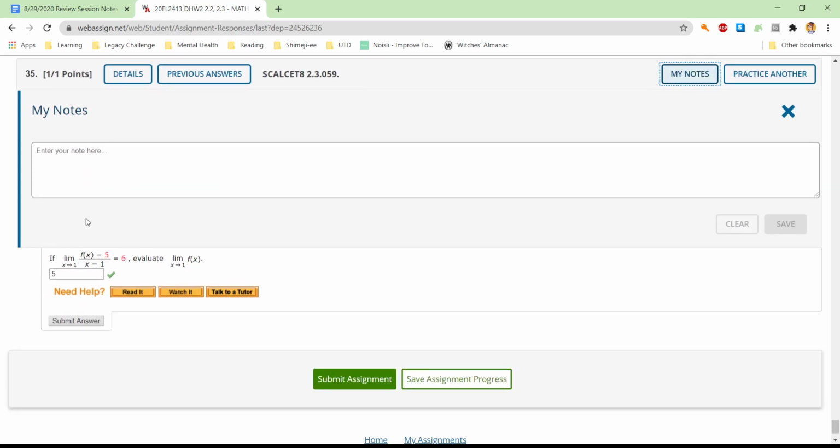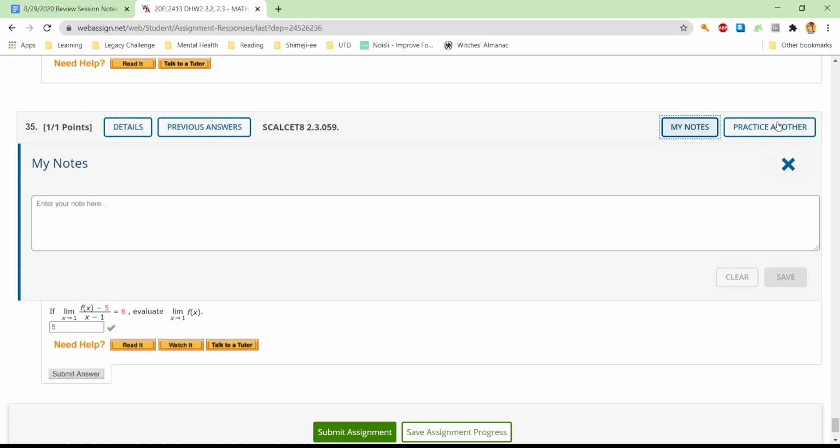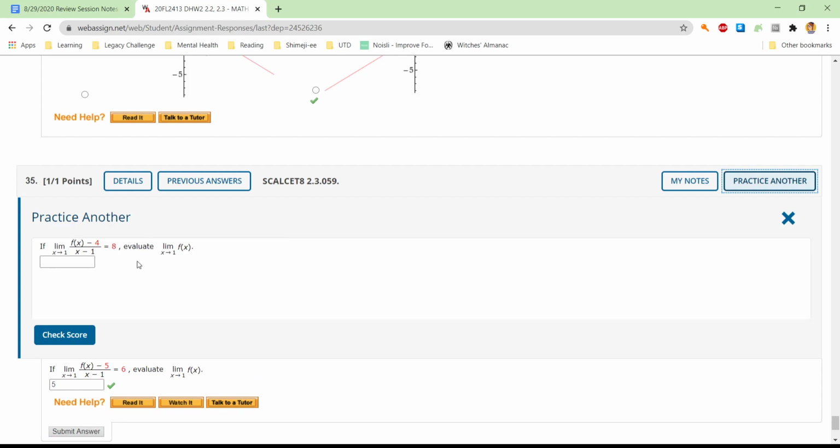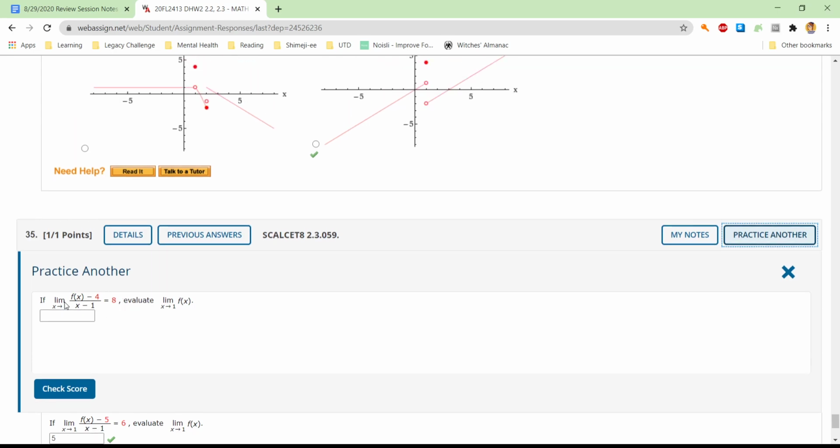So with 35, I just want to explain. We have: if the limit of f of x minus 4 over x minus 1, as x is approaching 1, is equal to 8, what is the limit of f of x as x approaches 1? The first thing to do here is to simply take this equation and solve for f of x.